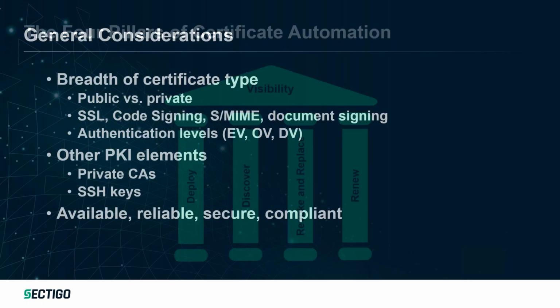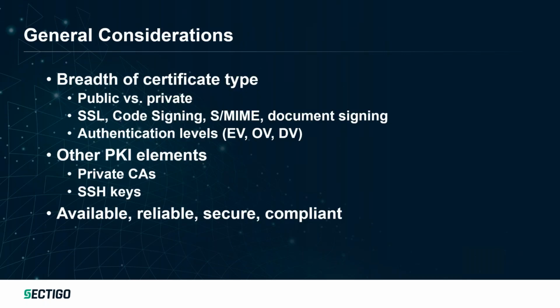All right. So first, before we get into this, there are some general things to think about. We're going to talk about certificate automation, and certificate automation obviously is automating the various processes that you would do within your digital certificates. Before we get into these 4 pillars, there are general considerations for any certificate automation platform or solution that I think are very important.